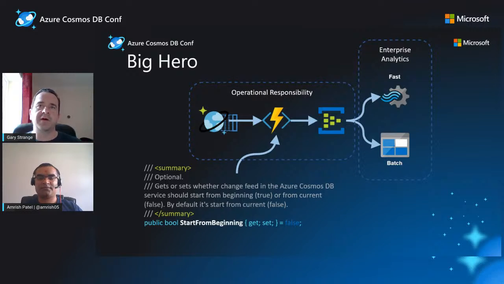But if you toggle the start from the beginning, actually you're saying, okay, when you create your leases to read that change feed, I don't want you to start reading the change feed now, what's going on now. What I want you to do is start right from the beginning, the earliest event, the earliest documents in that container, and then just play through.